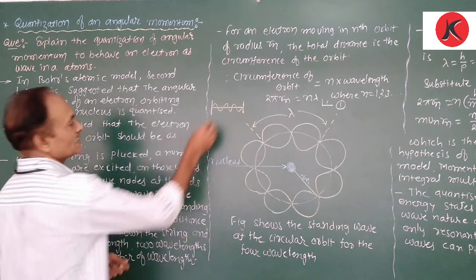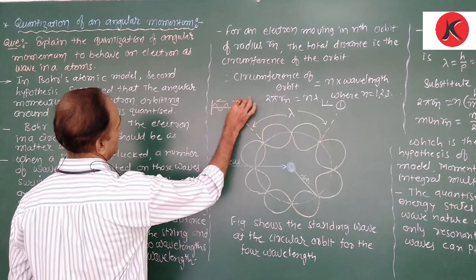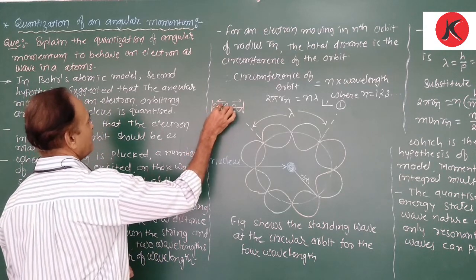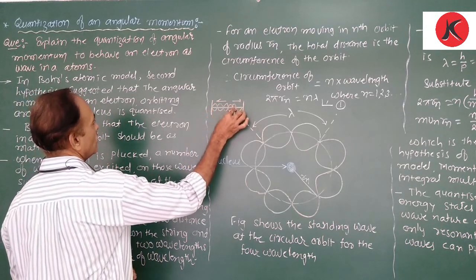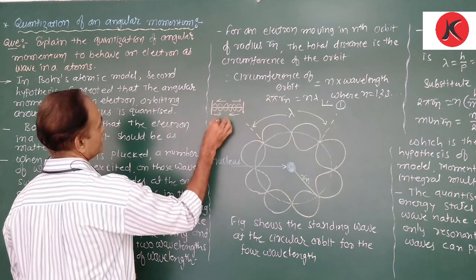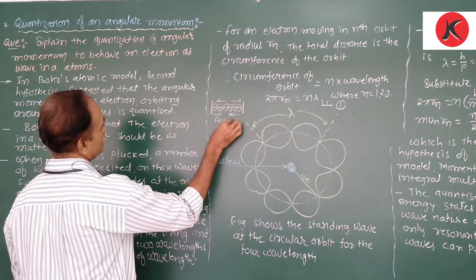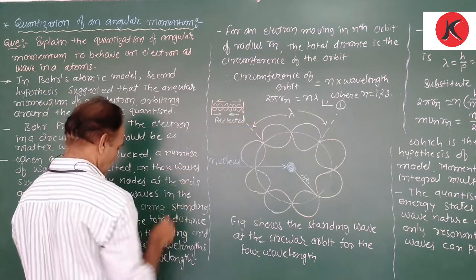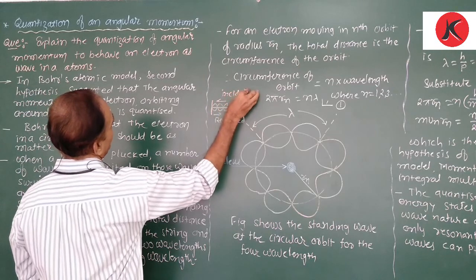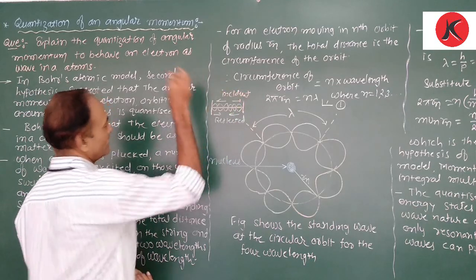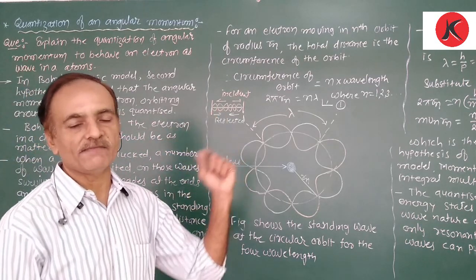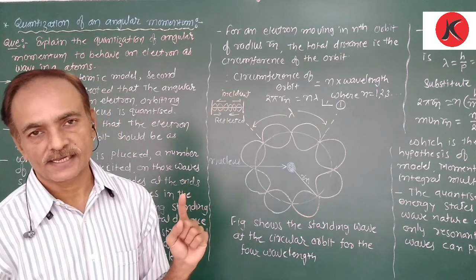So there is an incident wave and a reflected wave, also produced, having a phase difference of 180 degrees. There is the reflected wave, and that is the incident wave. We already discussed this in the last chapter of 11th standard. The phase difference between the incident and reflected wave is 180 degrees.